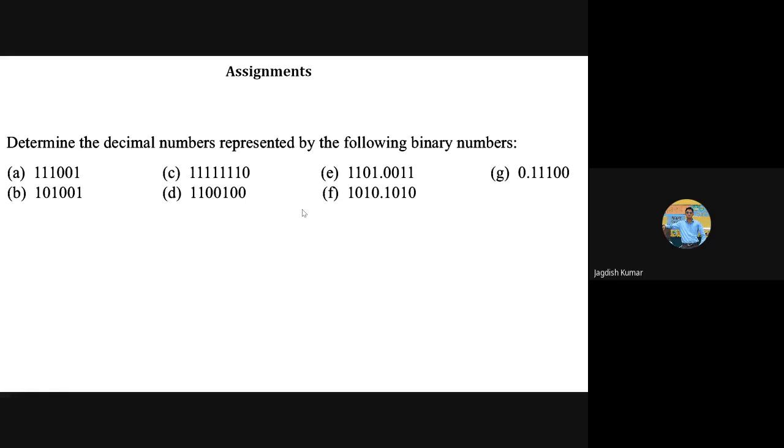Tomorrow I want you to come with the homework done and find out their decimal equivalents. Noted? I hope all of you have noted it. If you have not noted, you can get it from your friends, or I can post this screenshot in the WhatsApp group.